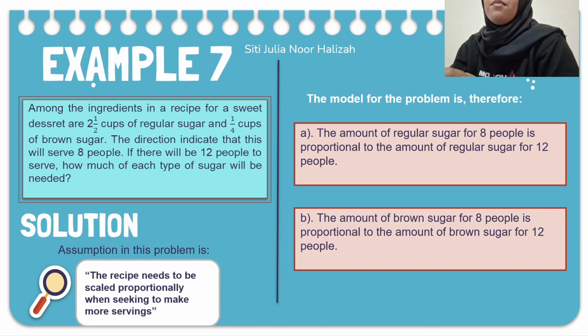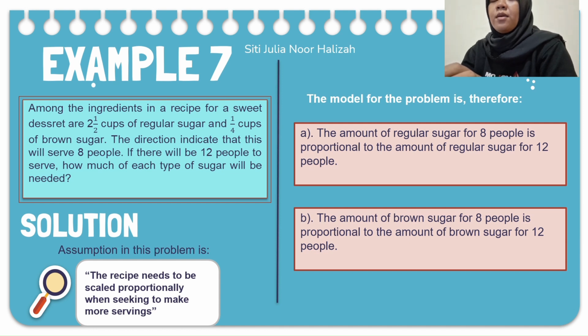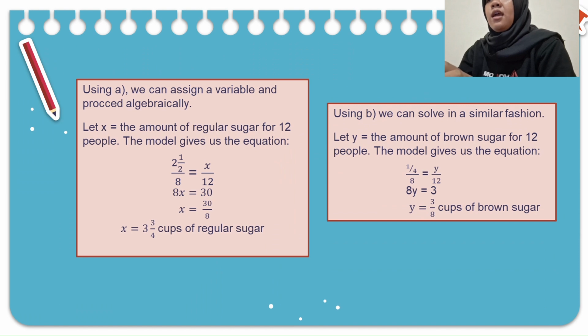Okay, the model for the problem is therefore: A. The amount of regular sugar for 8 people is proportional to the amount of regular sugar for 12 people. And B. The amount of brown sugar for 8 people is proportional to the amount of brown sugar for 12 people. Okay, this is the solution. Using A, we can assign a variable and proceed algebraically.